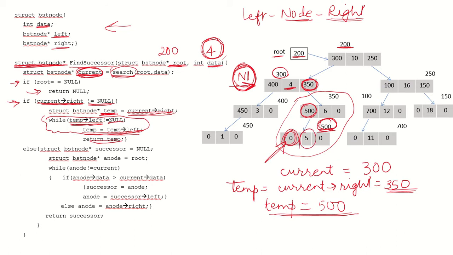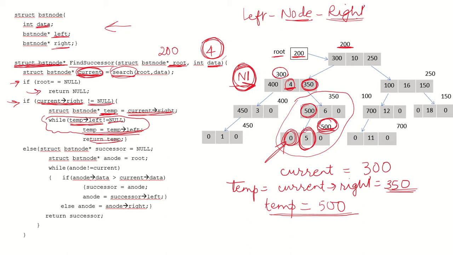So whatever is the data at 500, that is what is going to be the successor of this data 4. So once we have the address of the node which is the successor, we can take out the data also. What if the node for which we were finding the successor does not have a right subtree?